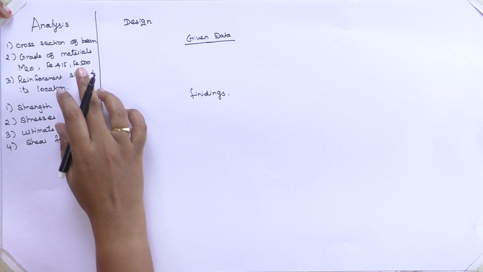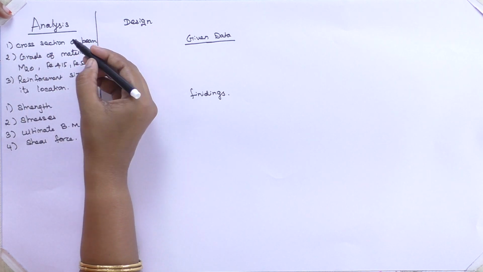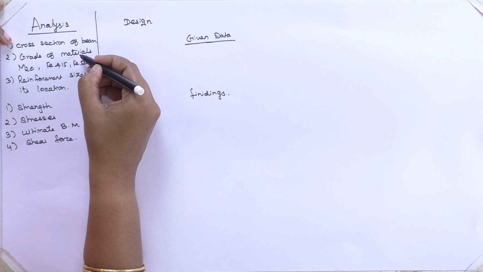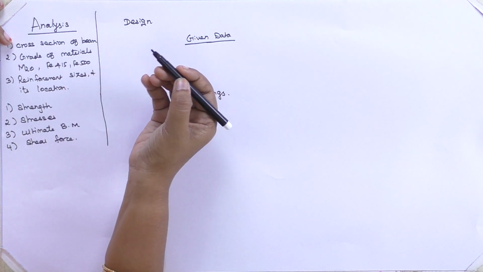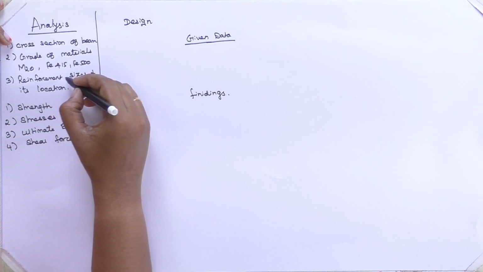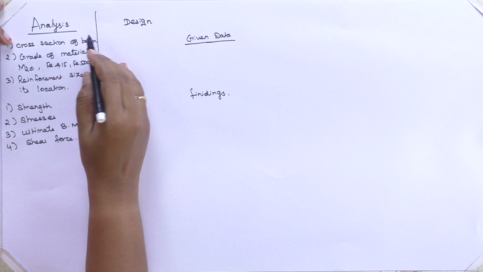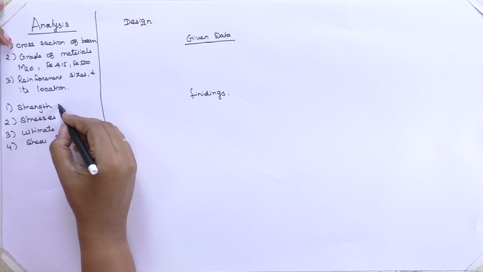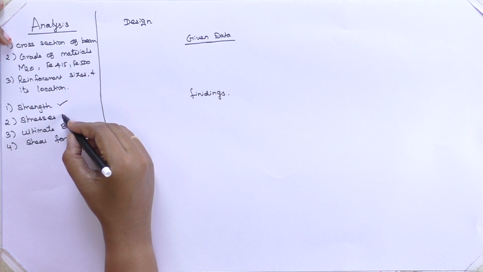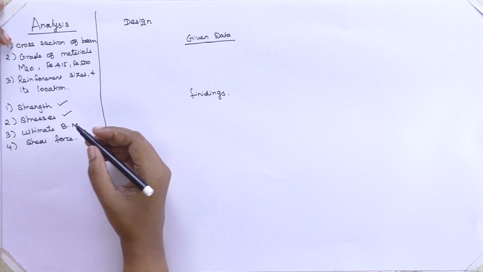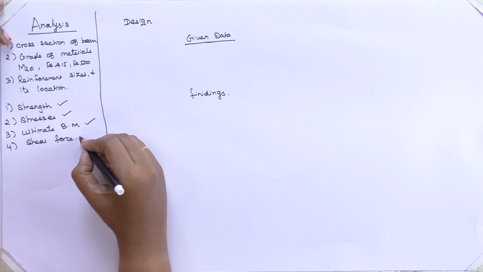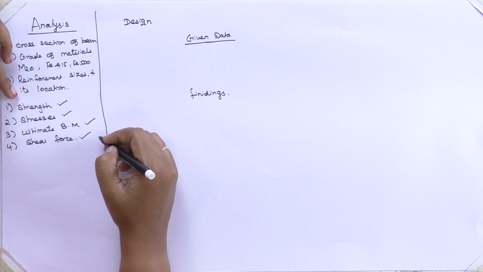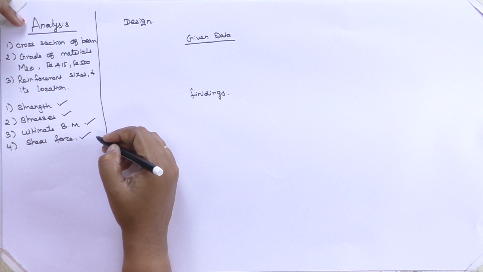In the analysis part, we have given the cross-sectional dimensions, the grade of materials used for this cross-section of the beam, and the reinforcement inside our beam. This is our given data. For this given data, what is the strength of the beam? What are the stresses in the cross-section? What are the bending moment and shear force for the particular section? These are the outputs or findings of the analysis part.